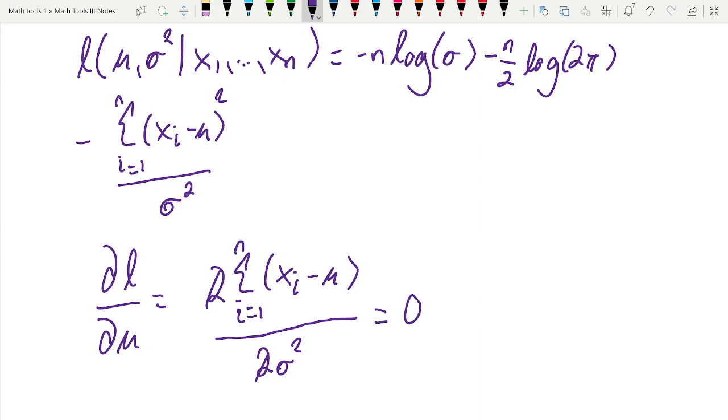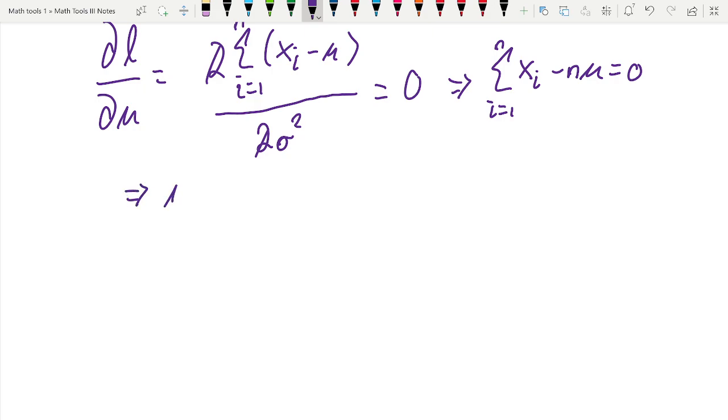Okay, so we're going to set this equal to 0. Multiply both sides by sigma squared if you like. So you have the sum from i equals 1 to n of xi, and then if we break up the sum, we're summing mu n times. So that's going to be minus n mu, since mu plus mu n times is n times mu, equals 0.